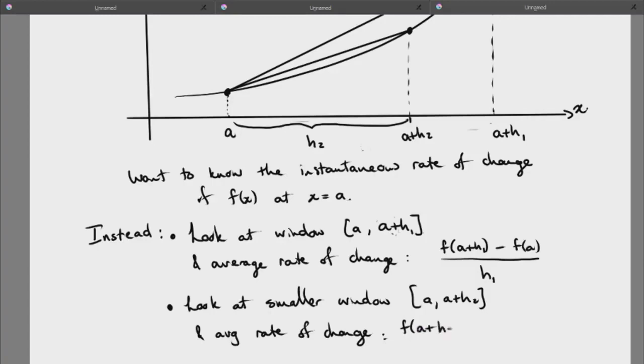So the later function value minus the earlier function value over the h value in question. Is everyone happy that I am making an improvement and I'm trying to estimate what is actually happening only at A?